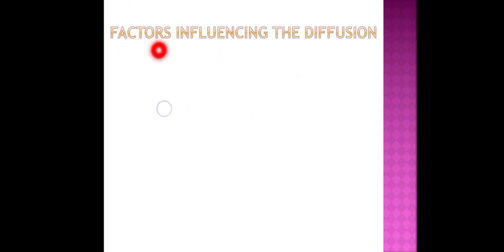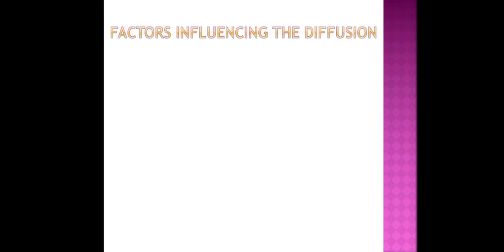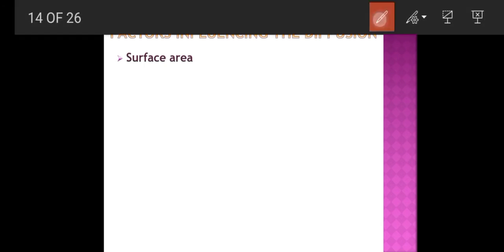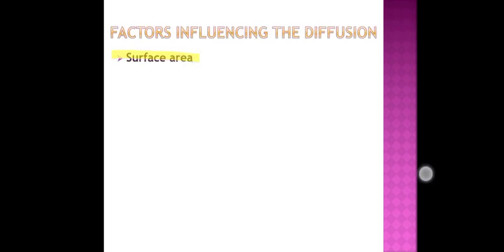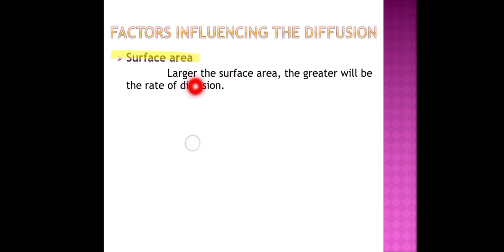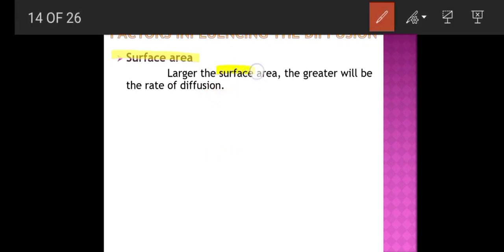What are the factors which influence the process of diffusion? Number 1 is surface area. The larger the surface area, the greater will be the rate of diffusion. So if the surface area is larger, then the rate of diffusion will become greater.